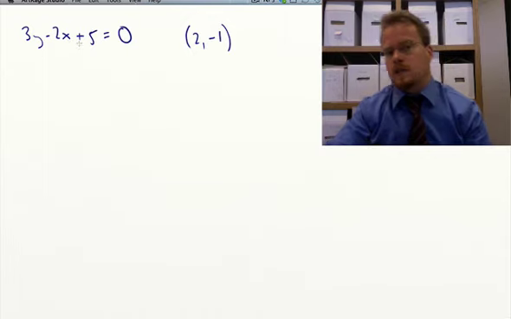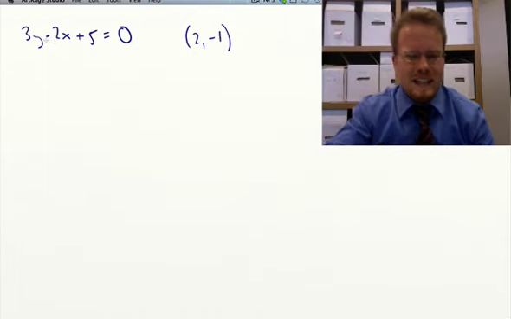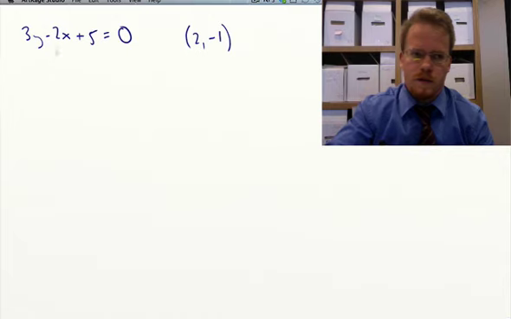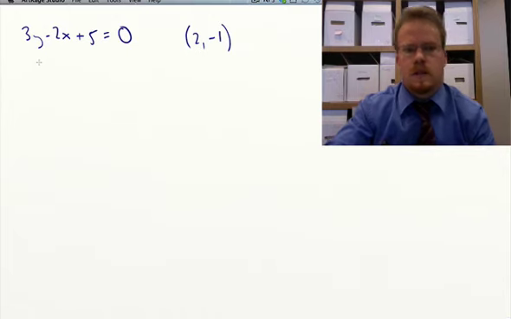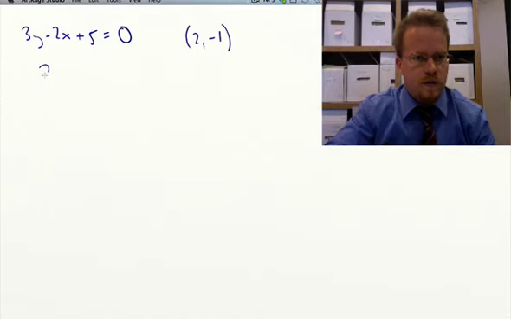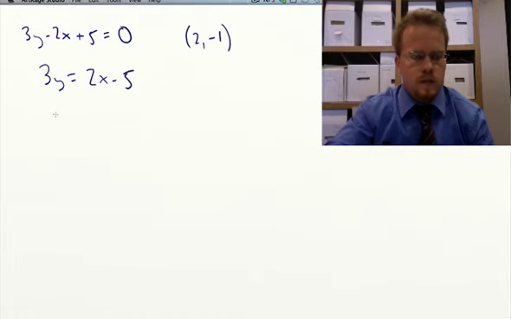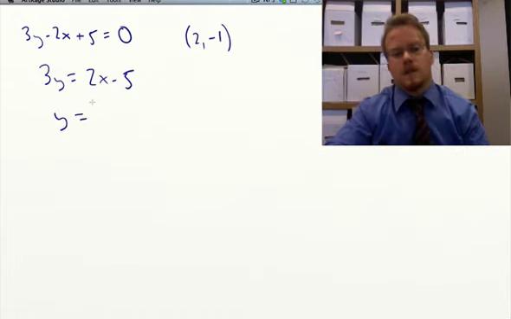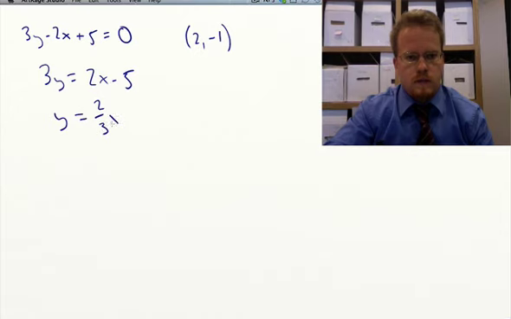Well, this line here is in standard form, so we can't easily tell the slope of it. So let's rearrange it into a more convenient form, slope-intercept form. So we'll have 3y equals 2x minus 5. Divide both sides by 3, and we'll get y equals 2/3 x minus 5/3.